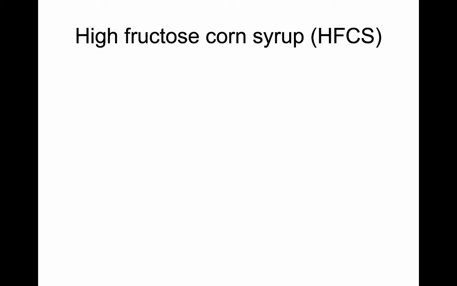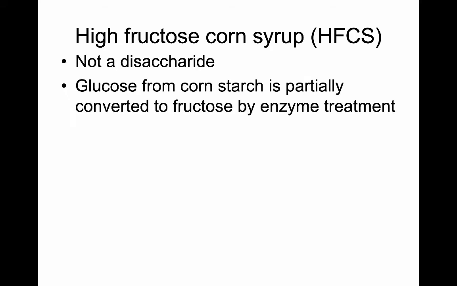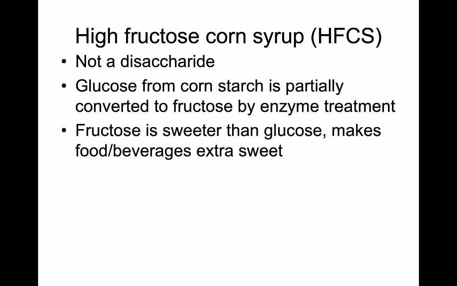One thing you might have heard of is something called high fructose corn syrup. It's actually not a disaccharide, and it's produced from cornstarch. So it's glucose from cornstarch, and it's partially converted to fructose by a treatment of a different assortment of enzymes.